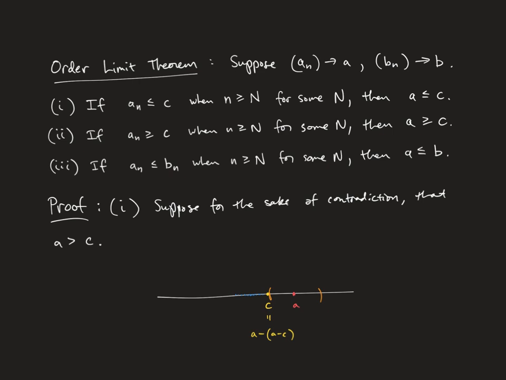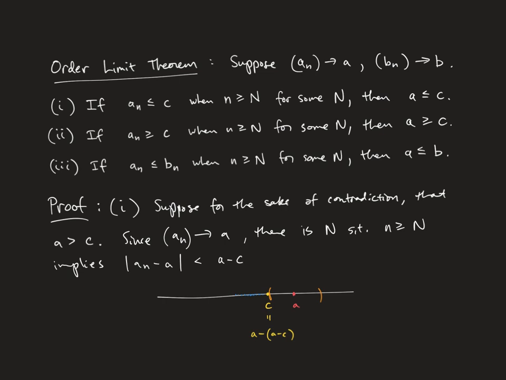So, since a_n converges to A, there is an N such that little n bigger than or equal to N implies that the distance between a_n and A is less than A minus C, right?